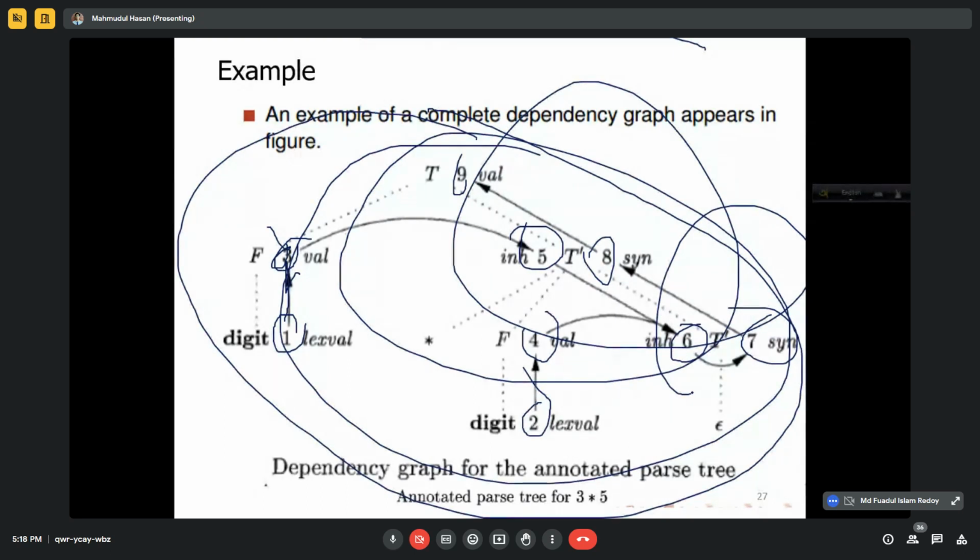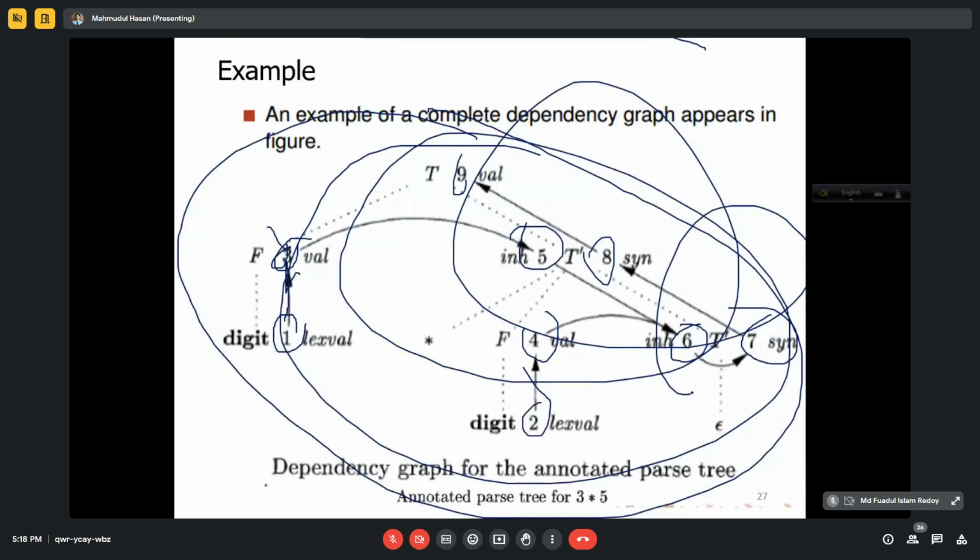Yes, because with the help of semantic rules, we can draw it. It totally depends on the production rule and semantic rules. If you analyze those things, the process of constructing the annotated parse tree and the dependency graph is the same.